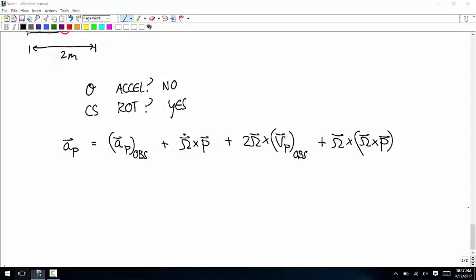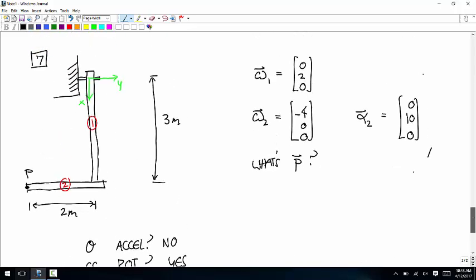Let's see, we're pretty much out of time, but what's the position vector? Positive 3x, negative 2y.